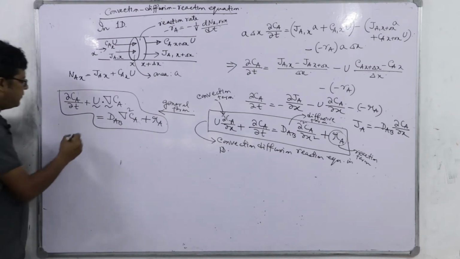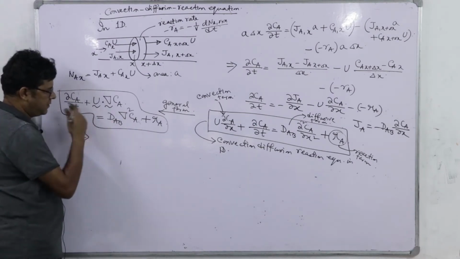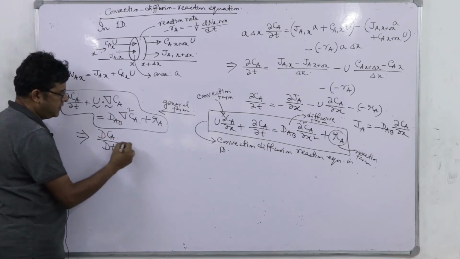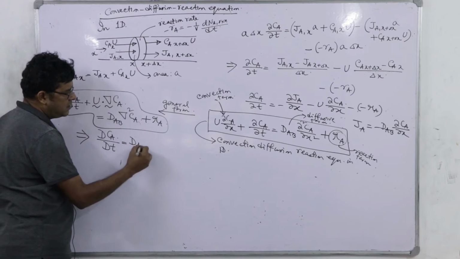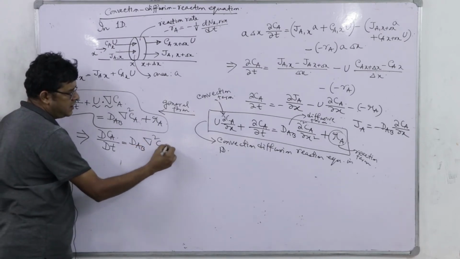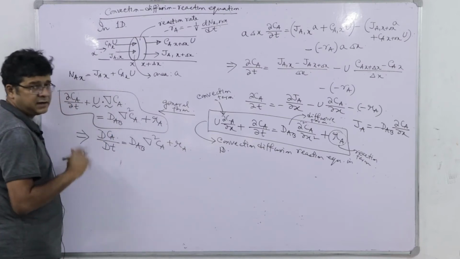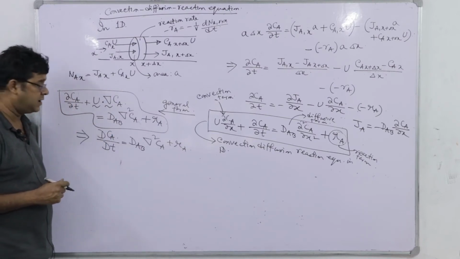Further, we can write this left hand side term as the material derivative of C_A, equal to D_AB into grad square C_A plus R_A. So, it has a similarity with the Navier-Stokes equation or the general energy equation.